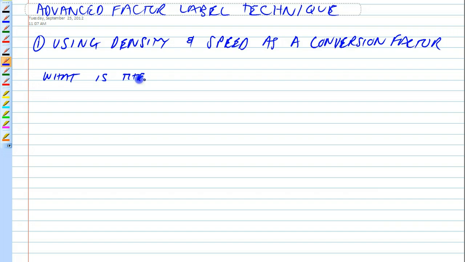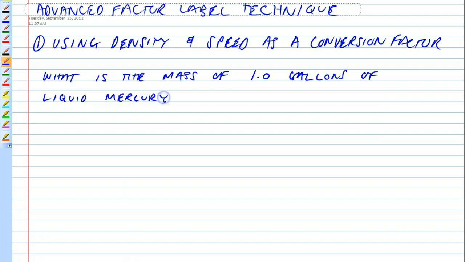Let's say, what is the mass of 1.0 gallons of liquid mercury? And they would give you in this problem the density of liquid mercury.